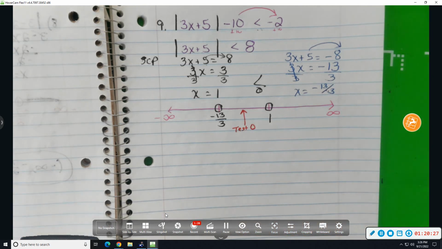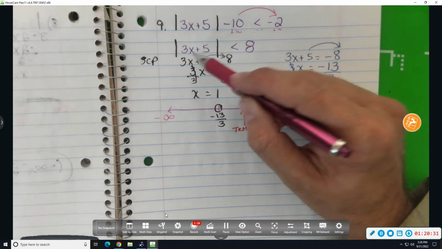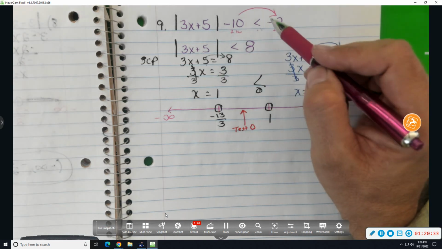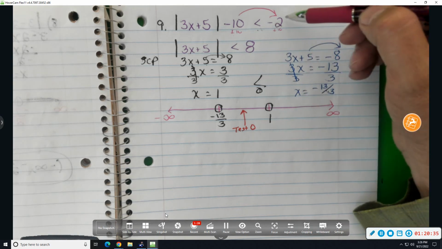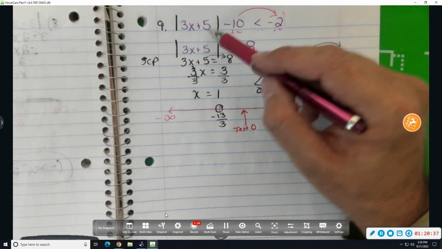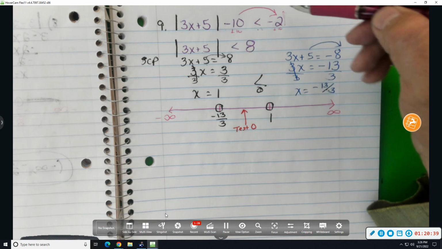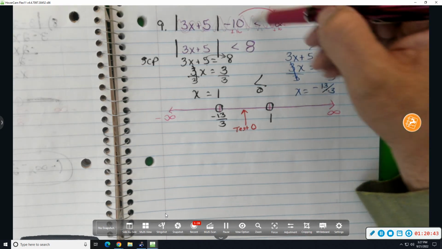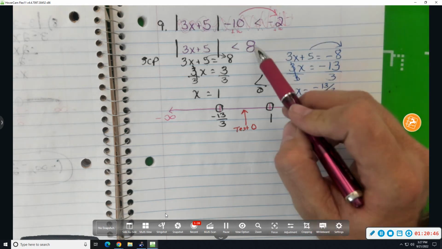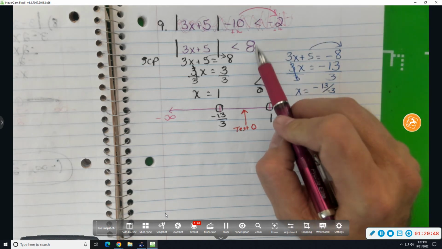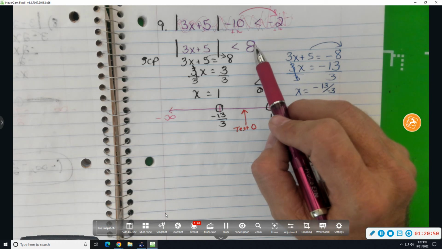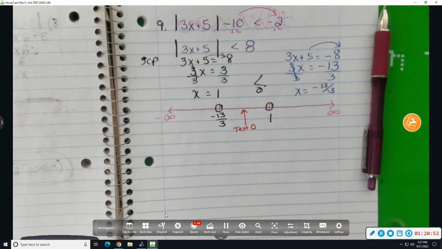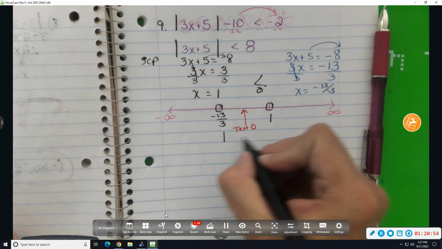So when I test this, I'm going to plug it into this one here. So I'll move the 10 over. Okay. After you've isolated the absolute value bars, you don't use this for anything else. I'm just faintly doing that. This is the one you use. And it'll be the easier one to use to test also. So let's plug a 0 in for x.